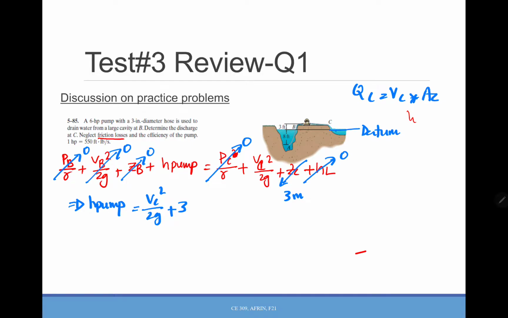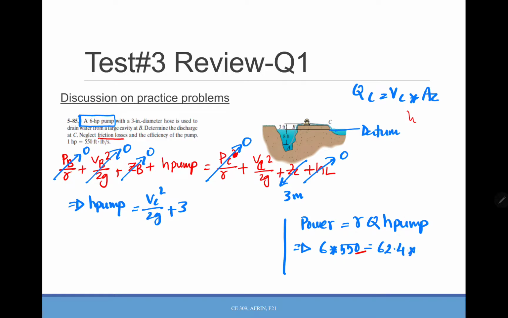So what we can do, we have another given value here, a 6 horsepower pump, which is the pump power. So you can say that power equals gamma Q H pump, and the power is 6 horsepower, but you can't work with 6 horsepower directly, so it will be 6 times 550. Since it's water, gamma is 62.4.